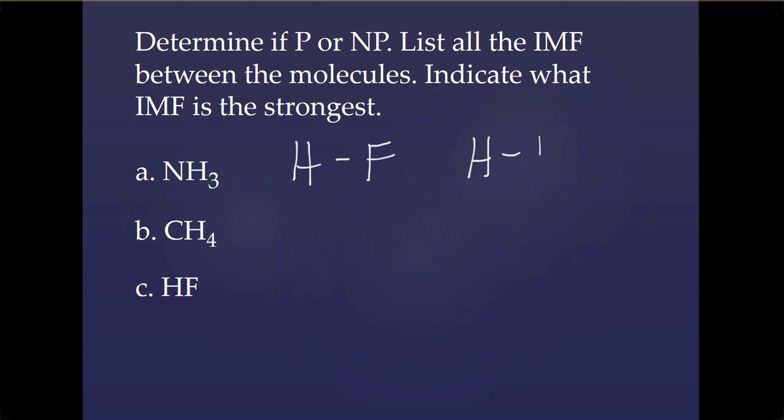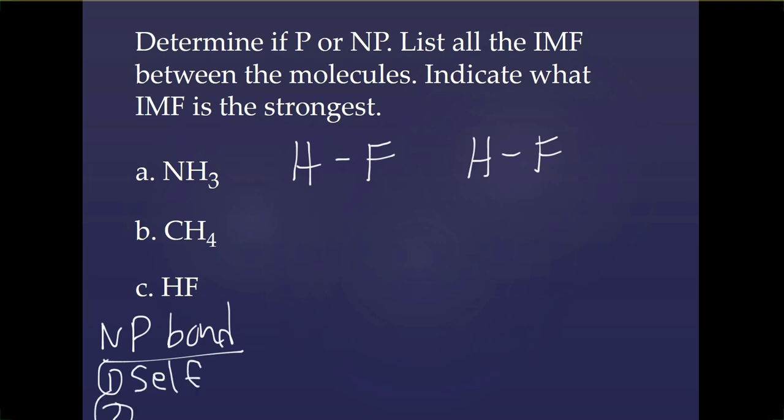Now, if you look at this molecule, it just has one bond. So really I can look at it as a bond or I can look at it as a molecule. And when you remember, for nonpolar bonds, it should either be bonded to itself or it should be a carbon-hydrogen bond. So those are the only 2 situations that you should have for a nonpolar bond. Well, do we have anything bonded to itself?